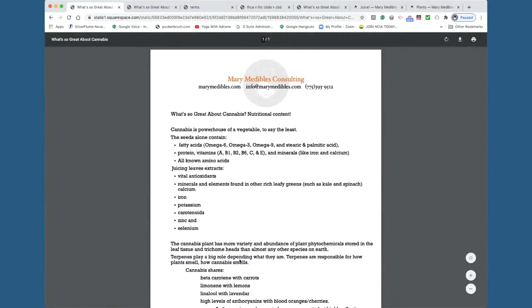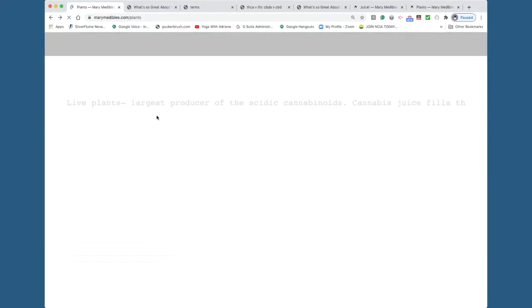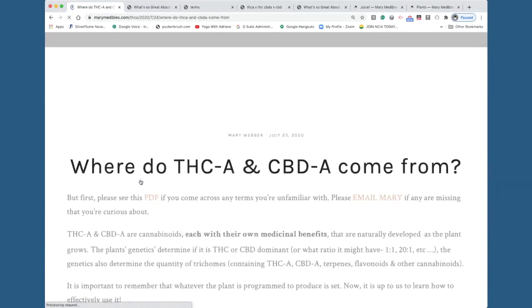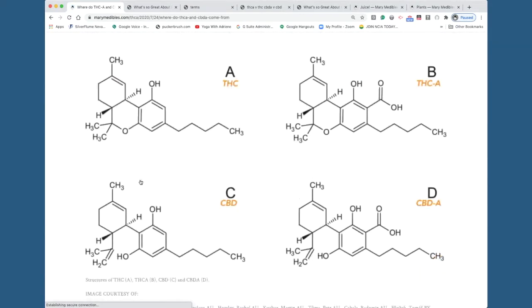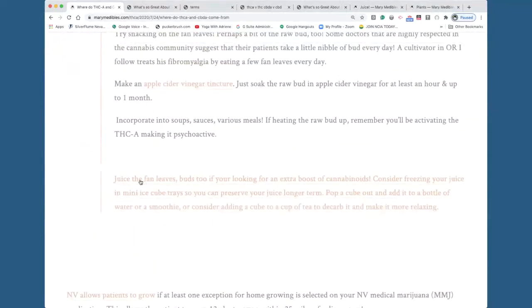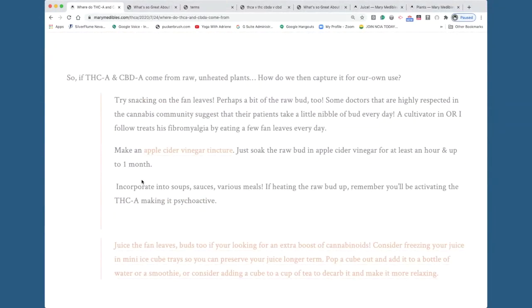Now, there are other ways to take advantage of THCA and CBDA. For instance, you can actually make an apple cider tincture.